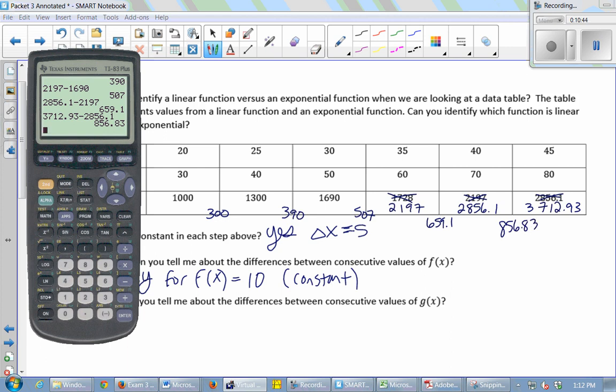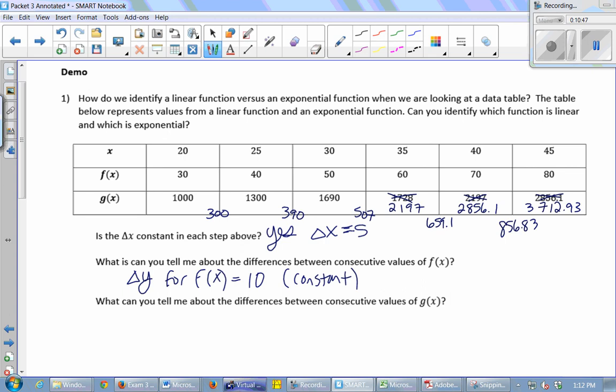Okay, so are those differences constant? Are they always the same? No. So it's definitely not linear, right? They told us one was linear and one was exponential, so this one has to be exponential. Another thing you might notice about these is that 300, 390, 507, these differences are getting bigger, right?